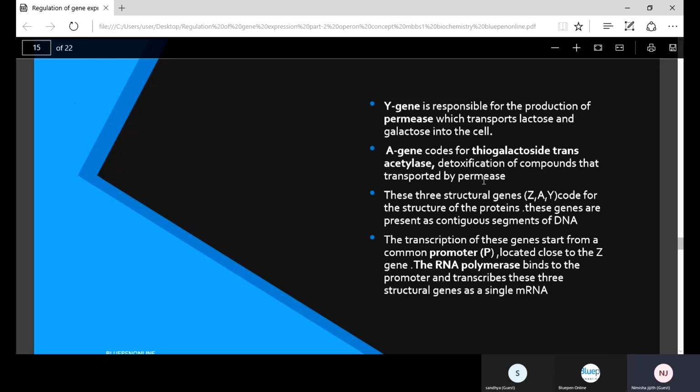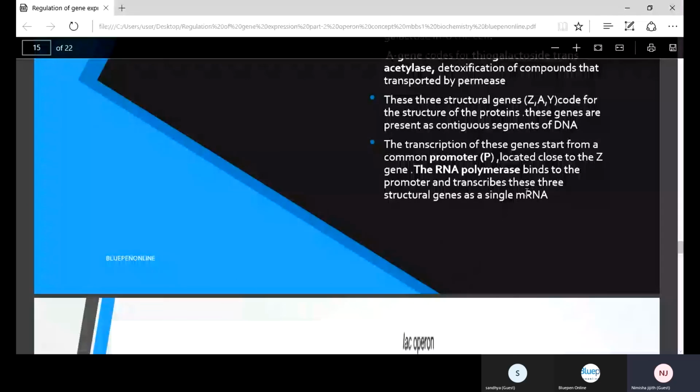These three structural genes, Z, Y, A, code for the structure of the proteins. They are present as a contiguous segment of DNA. The transcription of these genes starts from a common promoter located close to the Z gene. The RNA polymerase binds to the promoter and transcribes the three structural genes as a single mRNA.